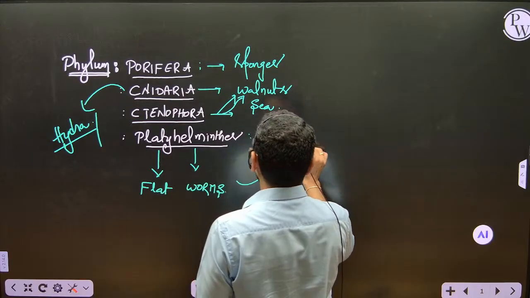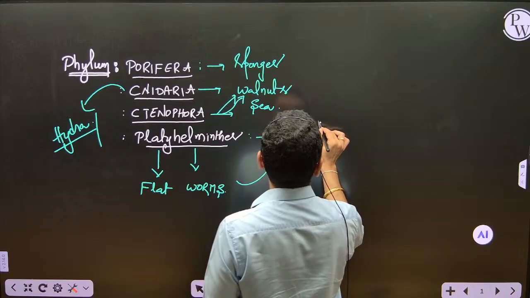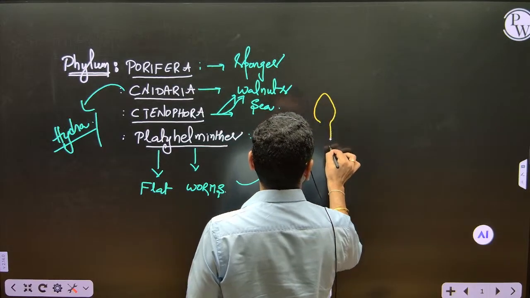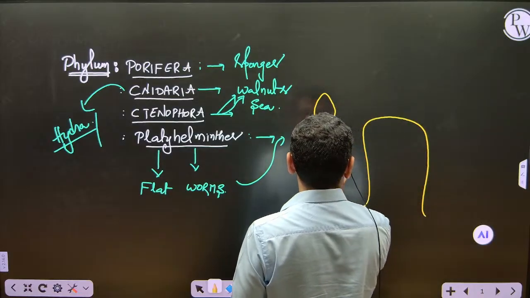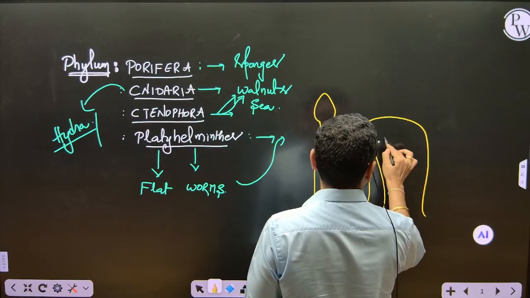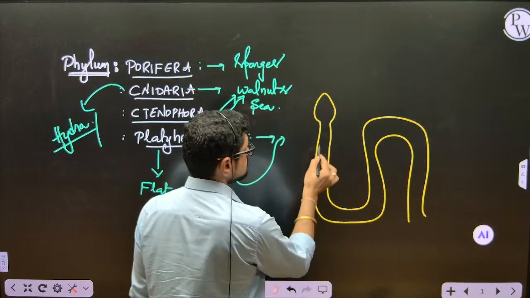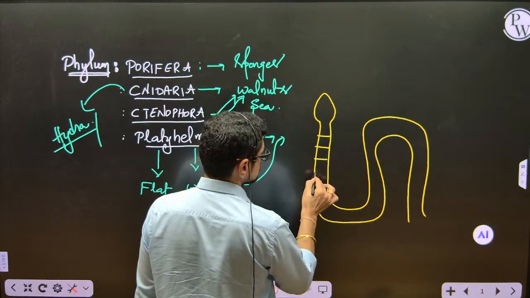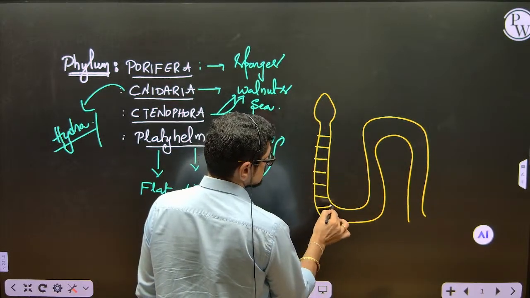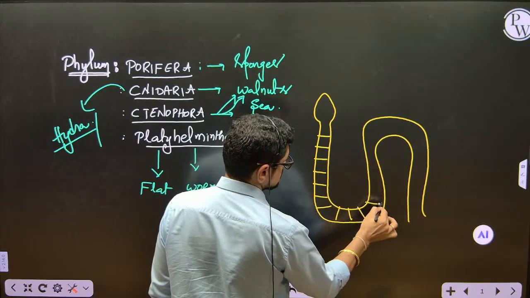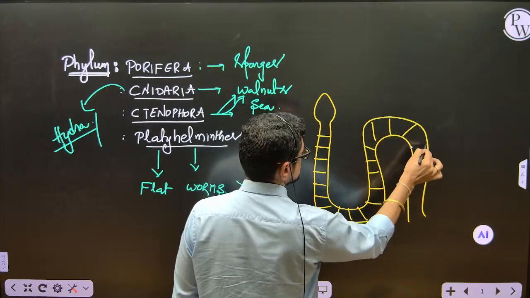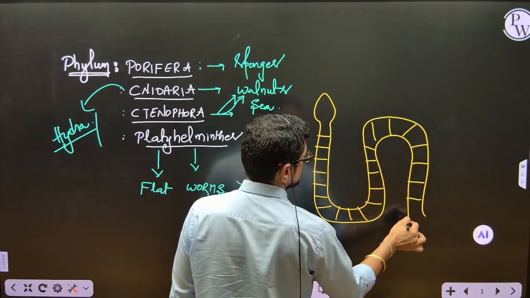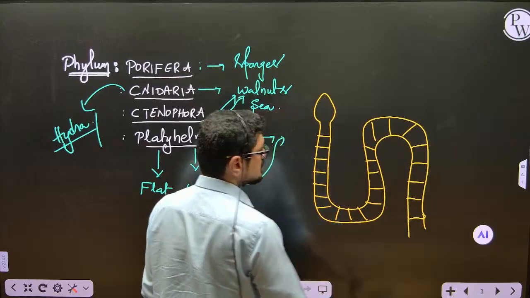Flatworms. For your understanding, I will represent one. Say like this. Right, so this is one animal like that.